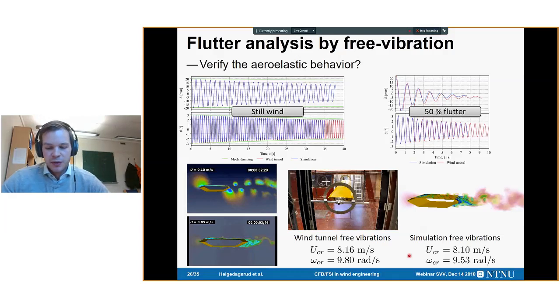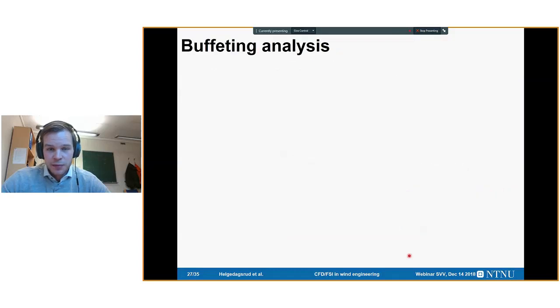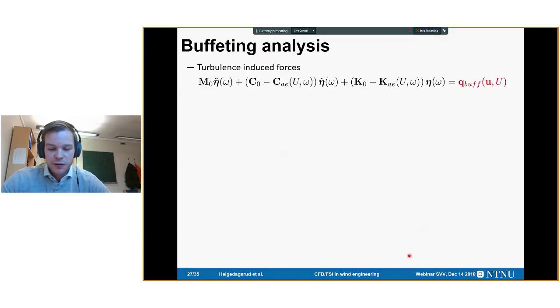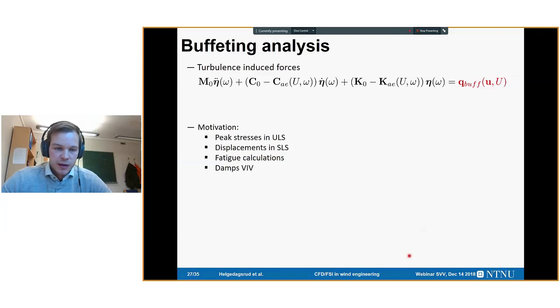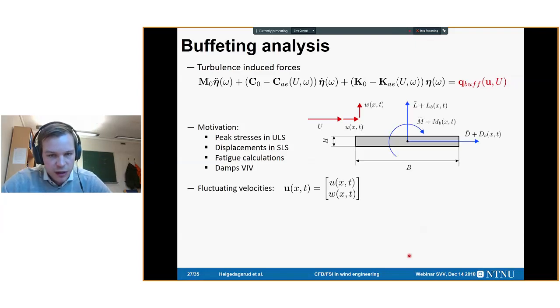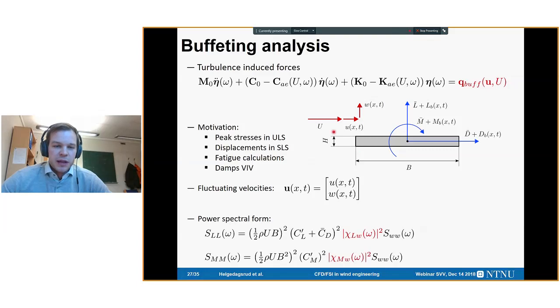So with that, we go on to buffeting. Buffeting is the turbulence-induced part of the dynamic loads. It's important in many limit states. I think we'll go quickly through this as well, but most often you decompose the wind into a mean part and some zero mean fluctuations, which are typically given in a statistical sense.